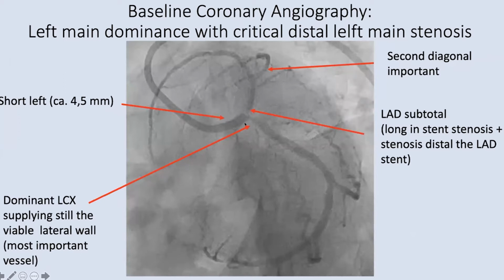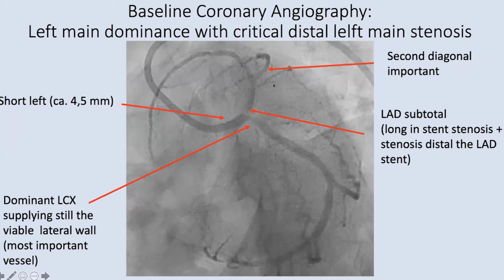There is a problem with long, diffuse in-stent restenosis, starting with subtotal stenosis of the LAD ostium. As we saw in OCT, there is a longer part behind the stent with a segment of dissection. So we have to treat this segment also.